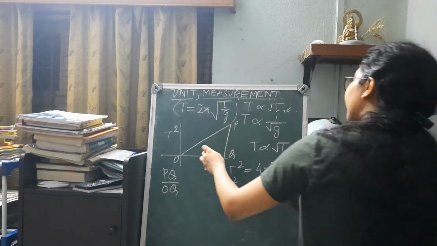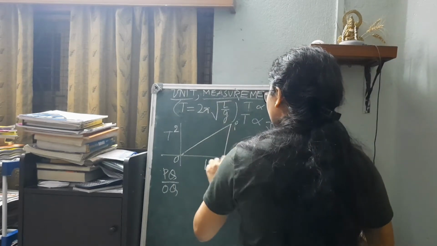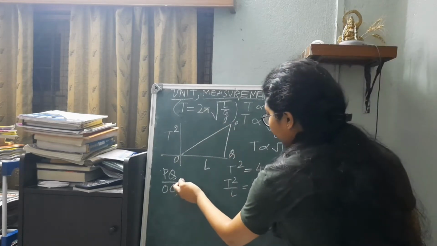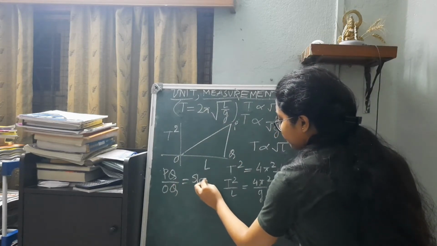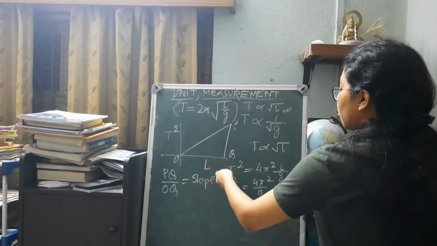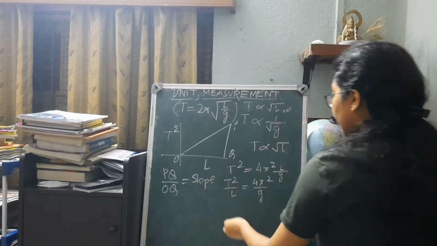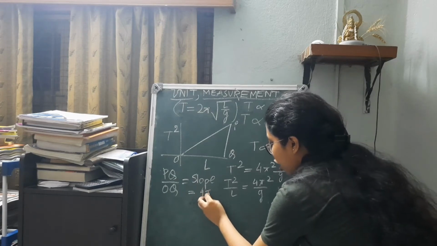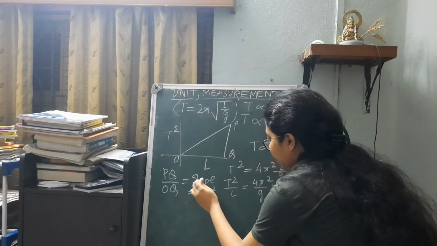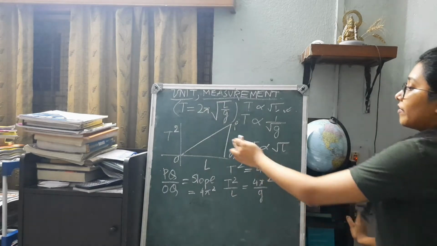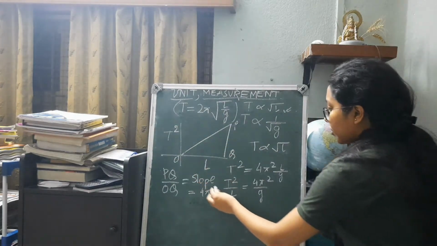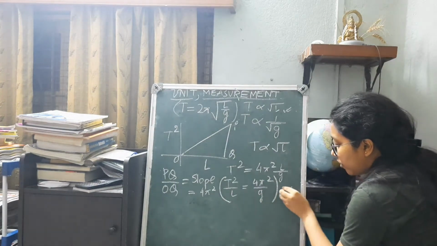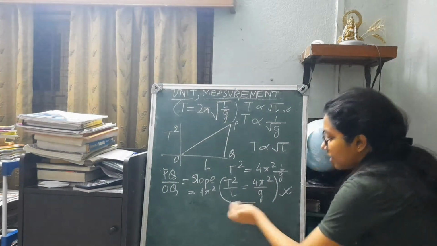So the slope is nothing but t square by L. So I can equally write that the slope is nothing but 4 pi square by g. More specifically, it is the slope of the t square by L graph, and we have already derived this value.